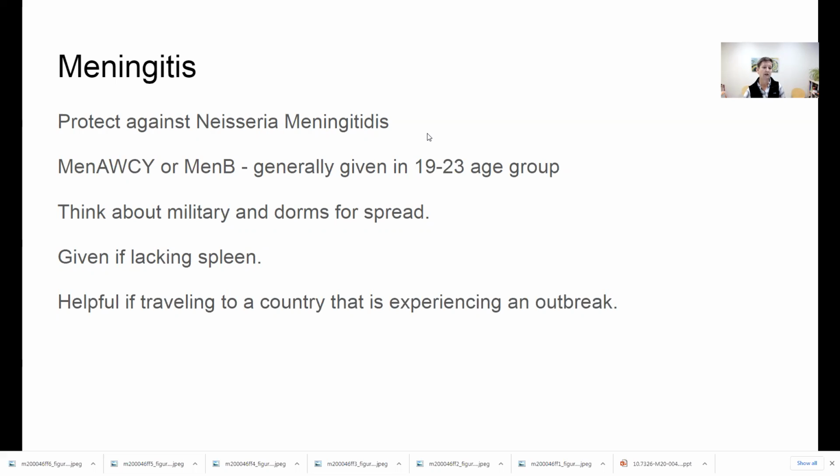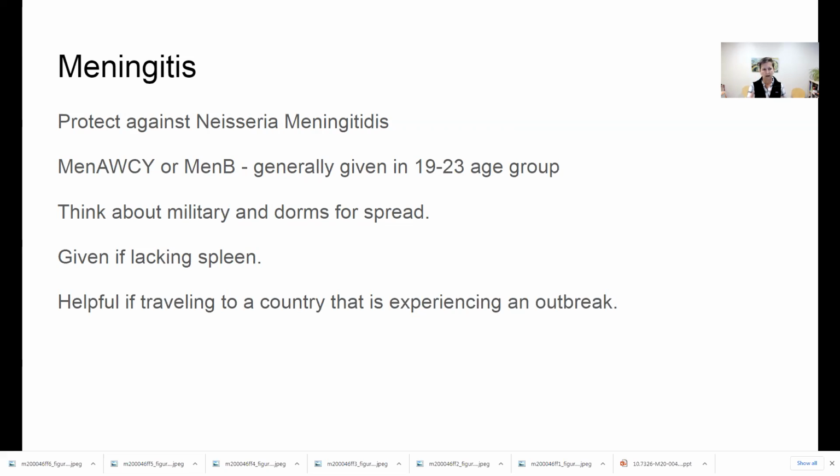So we largely have eradicated meningitis. We just don't see it now. I think a lot of that has to do with the fact that we vaccinate children against strep pneumonia and against Haemophilus influenza. Those were a couple of the big reasons that kids developed meningitis when they were little.